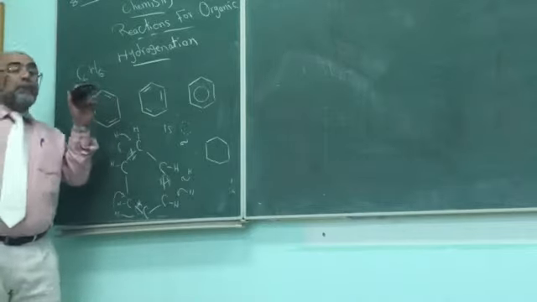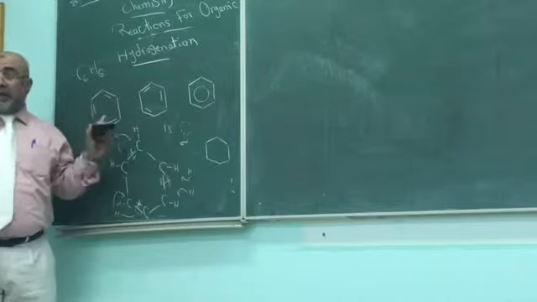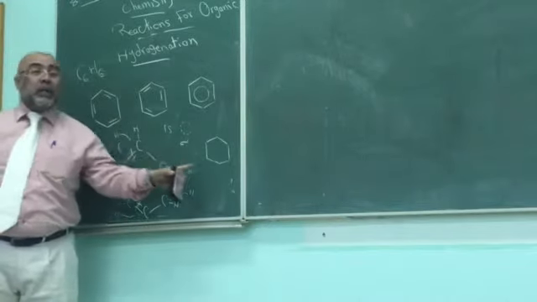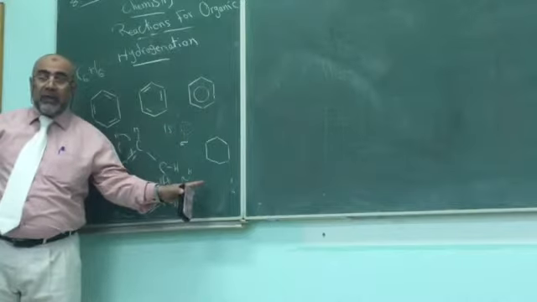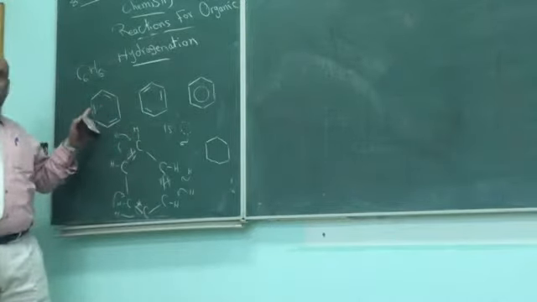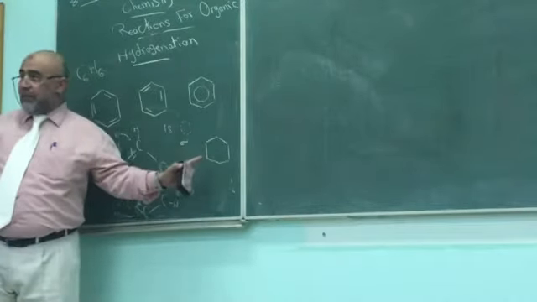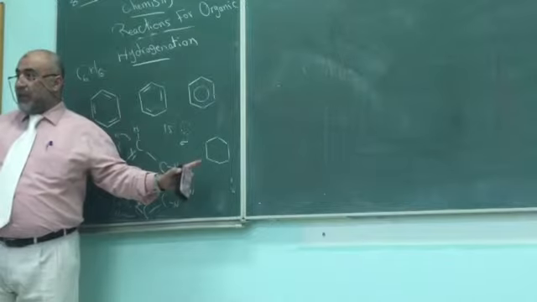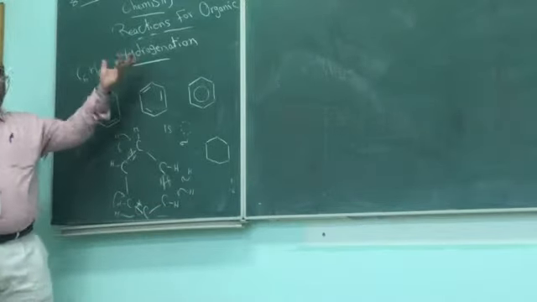So by complete hydrogenation of benzene, we can convert it to cyclohexane. So we can convert it from pi bonds, unsaturated, to all sigma bonds, saturated. It's okay? Now, I'll repeat again.